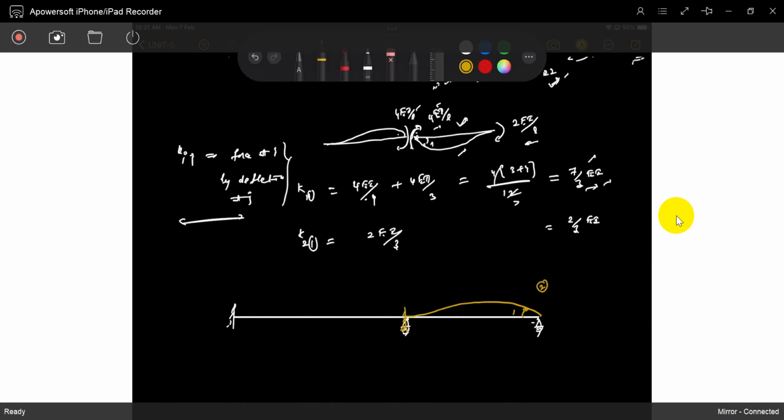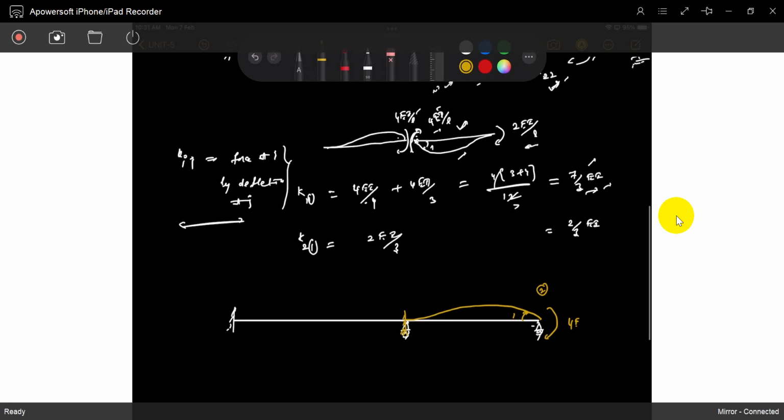So how much force is required? It's 4EI by L. L is 3. So how much is transferred to this joint? How much force is generated at this location?